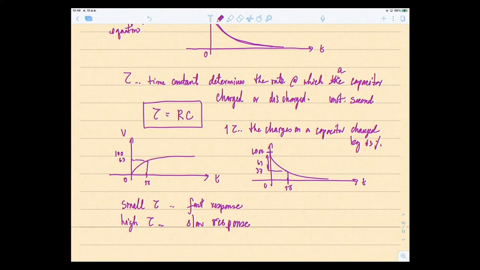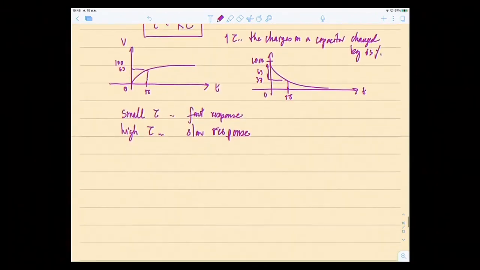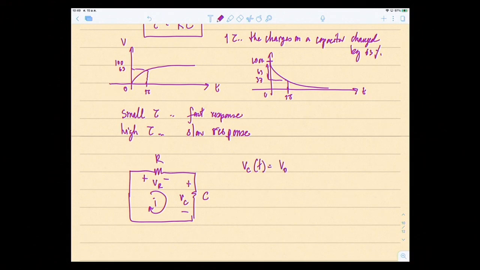Also I want you to see something. When we were drawing this circuit, we defined this as VC, this as VR, and this as IC. Just the current in the circuit. We found the answer VC of t to be V naught e to the minus t over RC, volt.